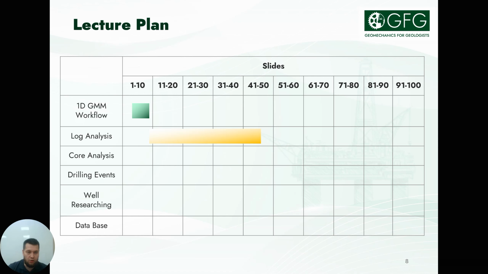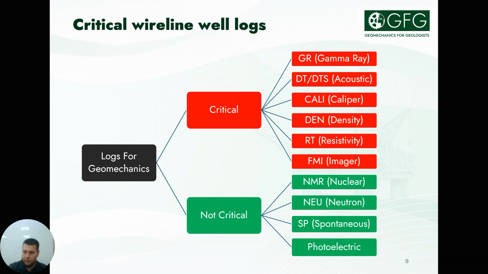The next topic is log analysis data. Among the wide range of logging data, critical and non-critical logs can be distinguished for constructing a geomechanical model. Critical data includes acoustic, density, caliper, resistivity, and microimagers.